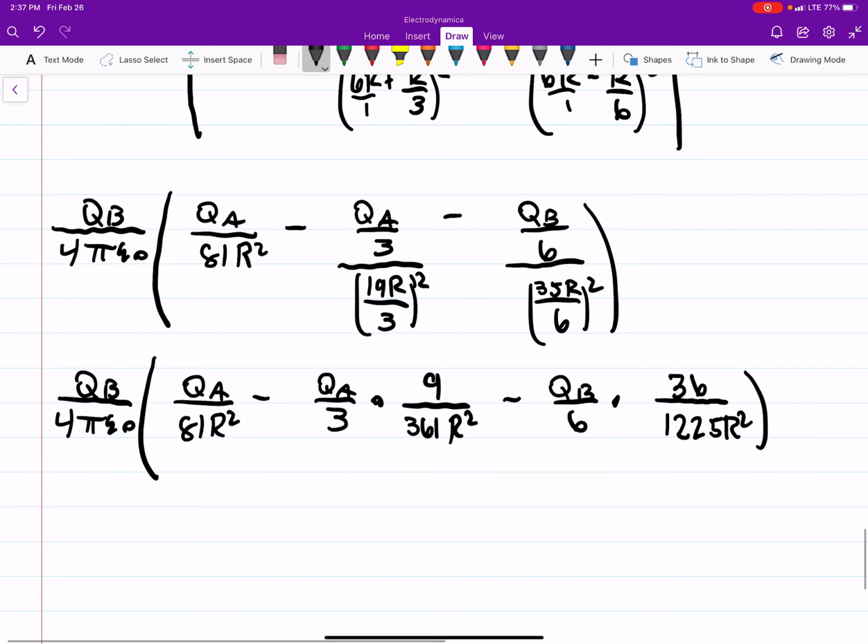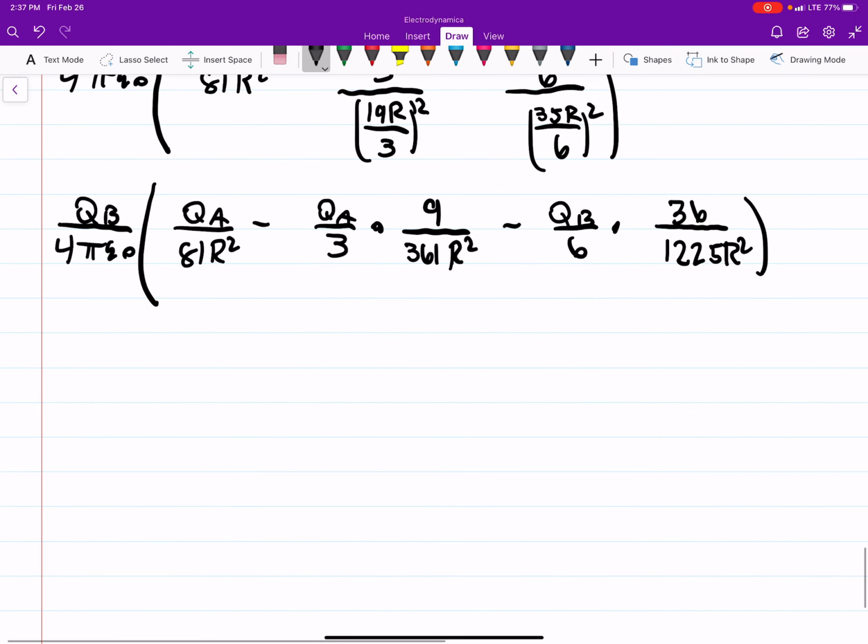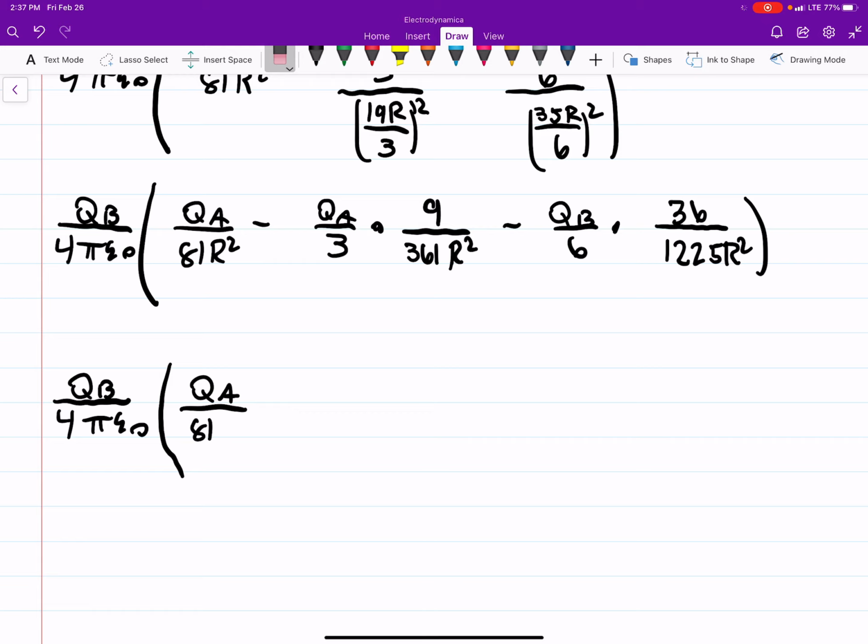So let's see. QB over 4 pi epsilon naught is what? Times what? QA over 81 r squared minus, that's going to be just a 3.